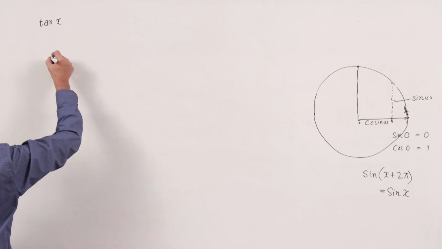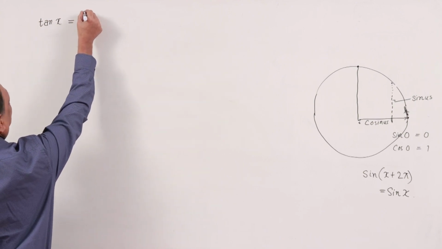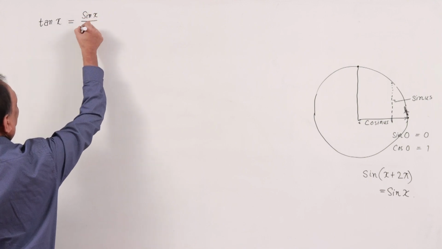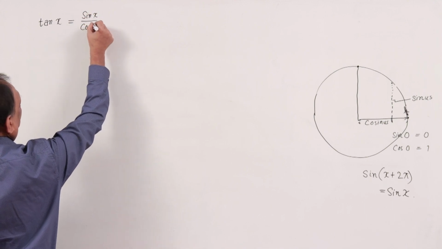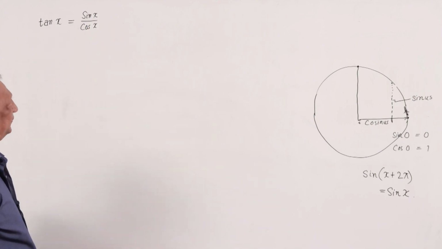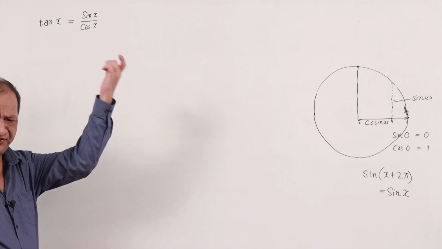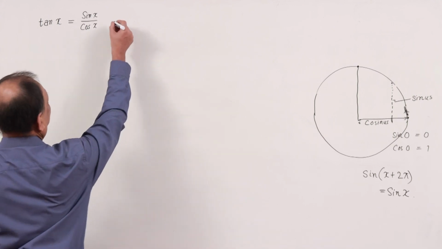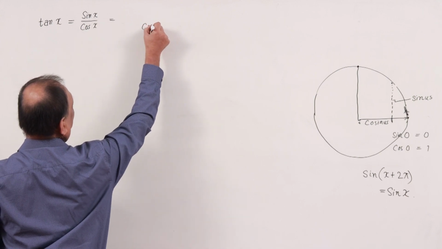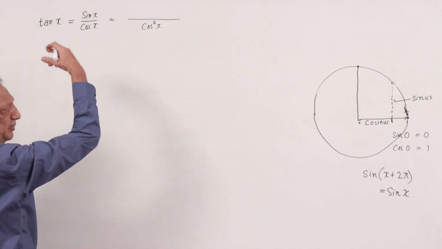How do you derive tan x? What is tan prime x? Tan x is sin x divided by cos x. Opposite side by adjacent side, the slope actually. Now this is like f by g. F by g, we know it is g squared in the denominator, and g f prime minus f g prime.